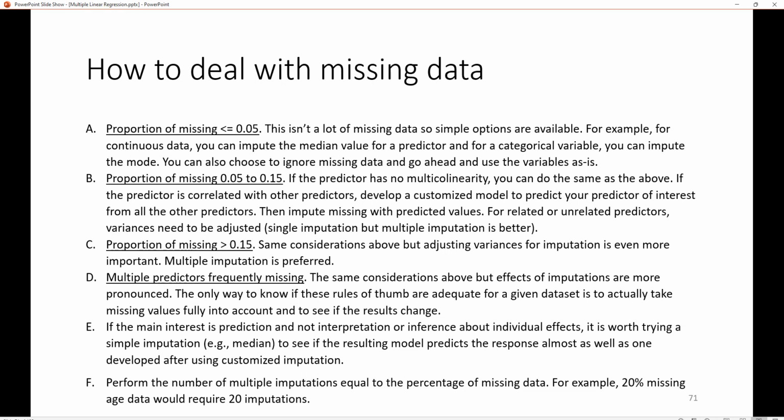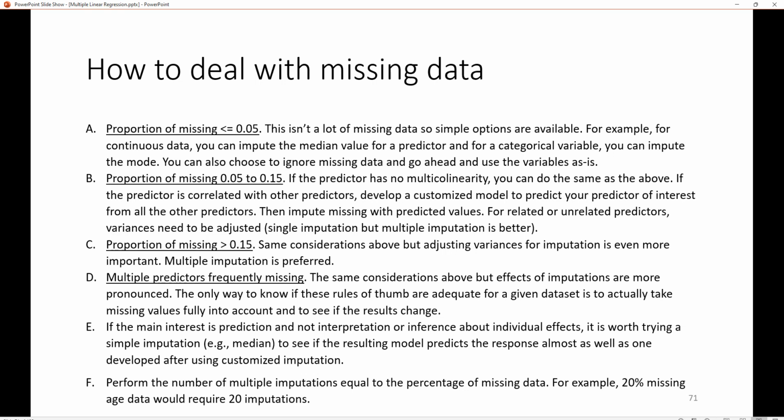Just going ahead and using this data and ignoring the missing data is perfectly fine when your missing data makes up less than or equal to 5% of the sample. And for a proportion of missing from 0.05 to 0.15, if the predictor has no multicollinearity, you can do the same as above.